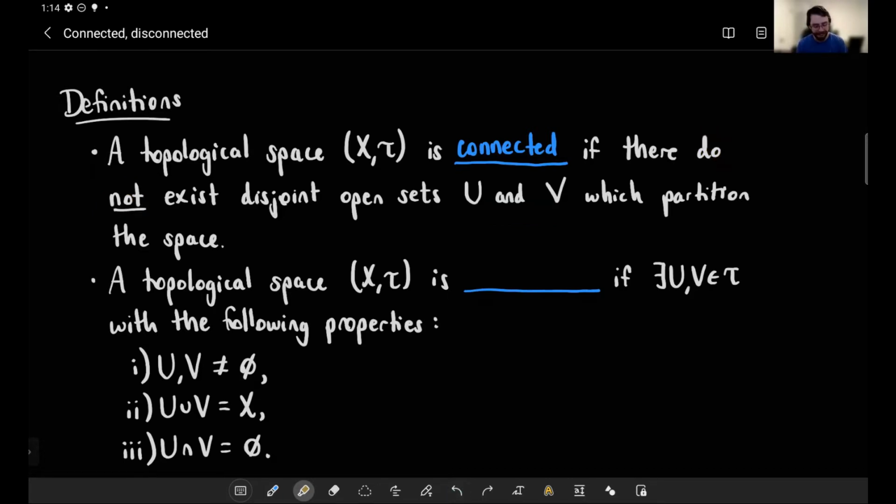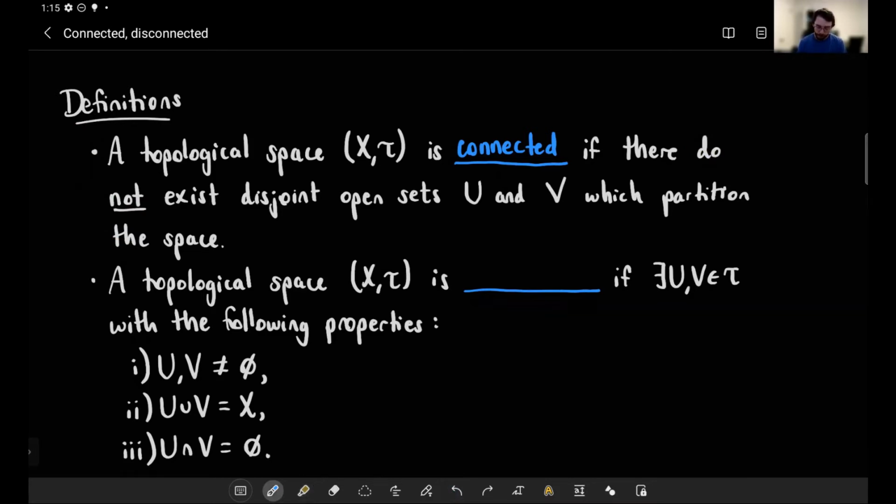But if you try to work with this definition, it's absolutely hideous. Showing there do not exist certain sets is really hard to do directly. Usually you have to phrase things by contradiction and instead say, suppose your space is not connected.